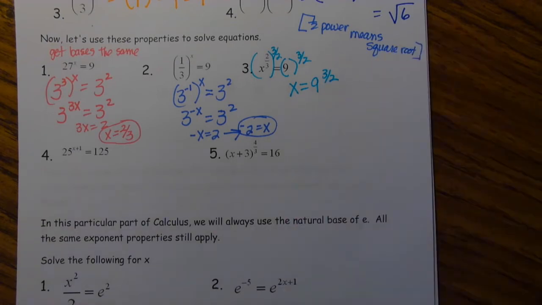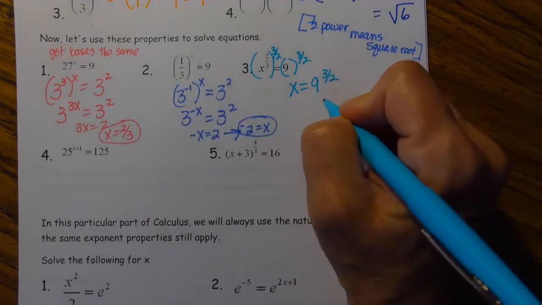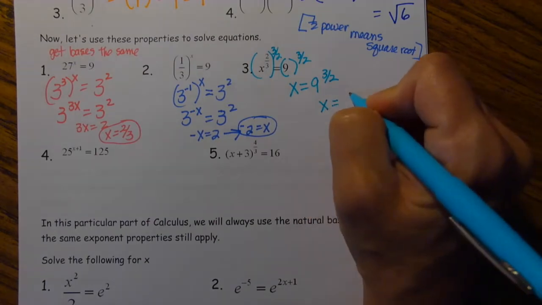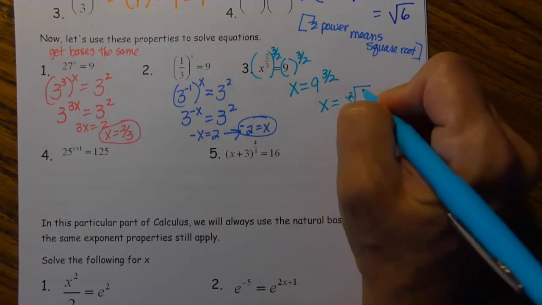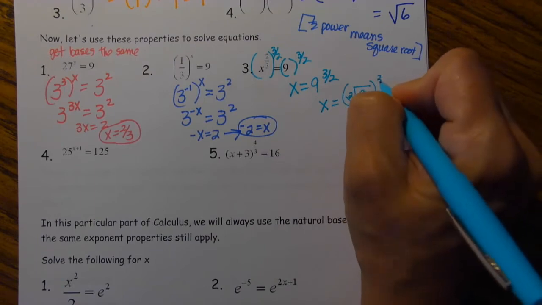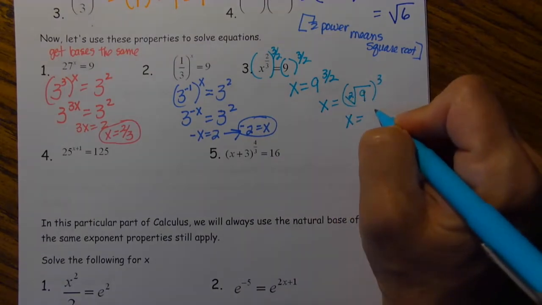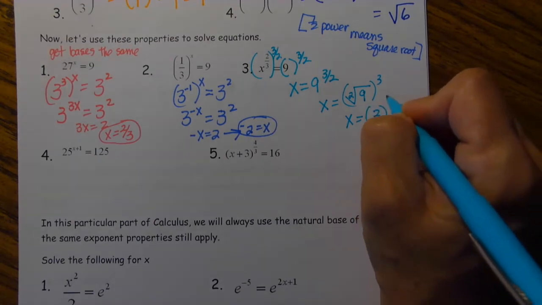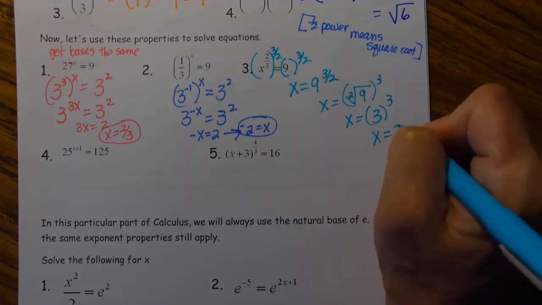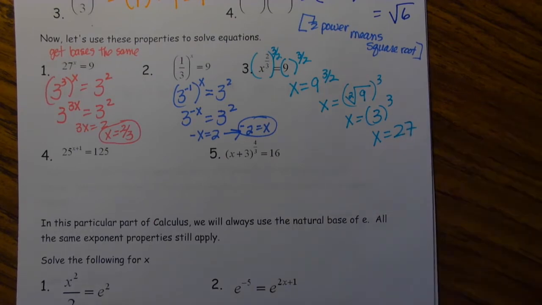Now I got to fix that. I can't leave that. What does 3/2 mean? It means the square root of 9 cubed. What is the square root of 9? 3 cubed. X equals 27.